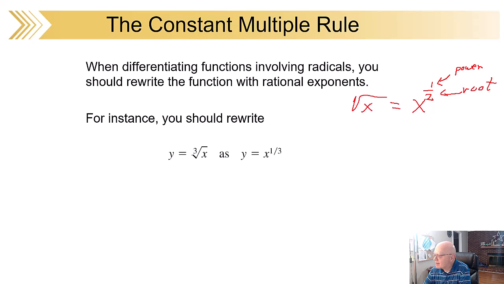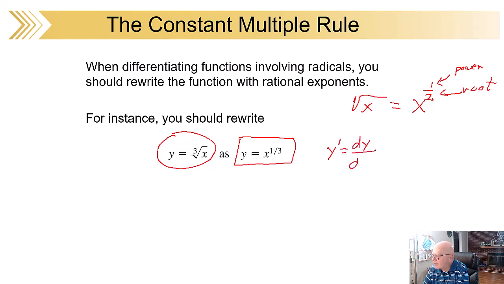So this would be the second root or the square root of x. So if you see something like this, rewrite it like that, and then you're ready to differentiate. Bring that 1/3 out front, and so on. Oh, let's go ahead and do it, right? So what would y prime be? Well, that's dy dx.